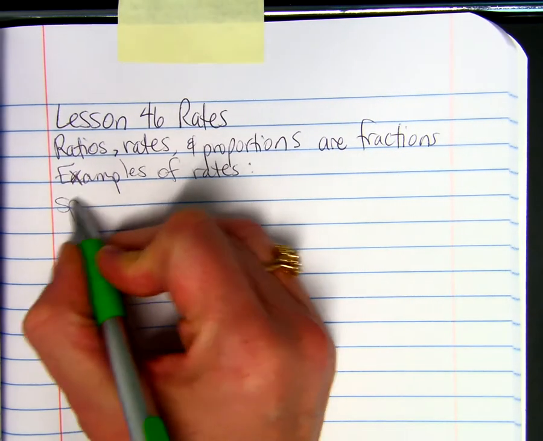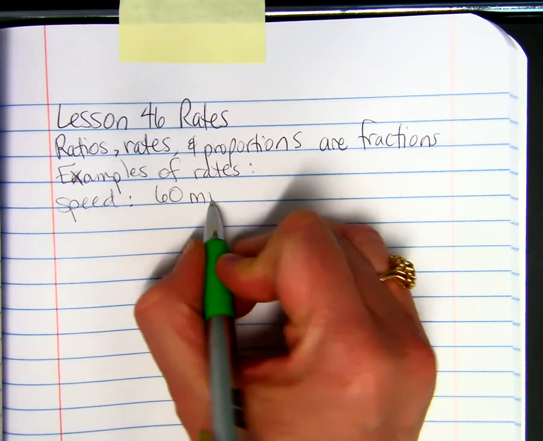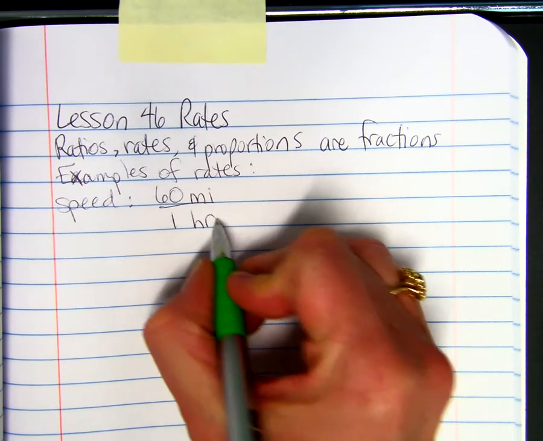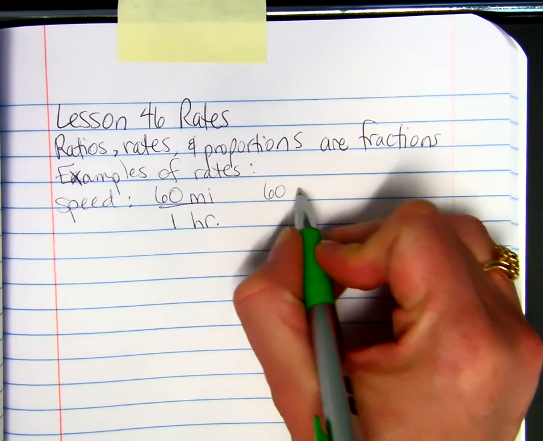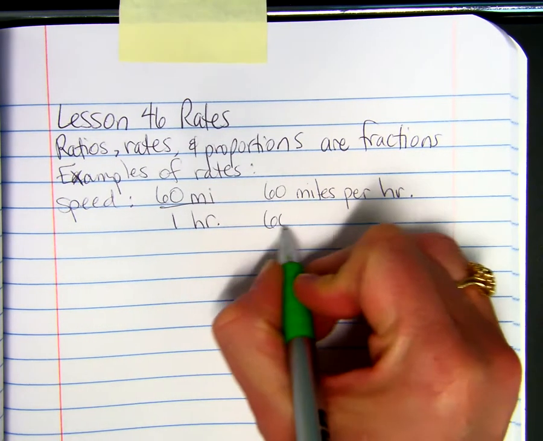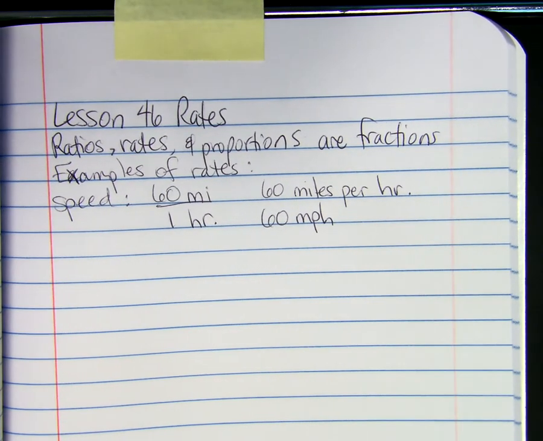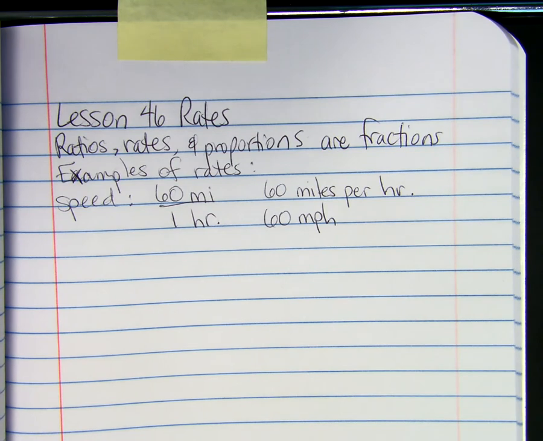One example is speed. If we do 60 miles in 1 hour, or 60 miles per hour, or 60 mph, those are all the same thing, this is considered a rate.